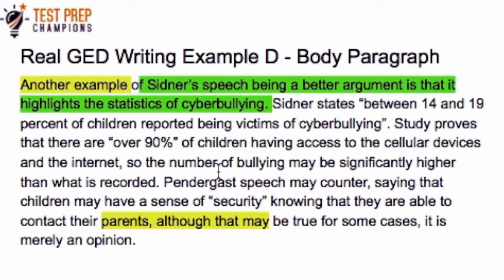So essentially, I think what the person's trying to say here is that Cinder is making a case here and using statistics. Pendergast would disagree. Here's why Pendergast would disagree, but Cinder's still right because Pendergast is just giving an opinion, whereas Cinder is using actual facts and data. So that's basically what the person's trying to say here, which is exactly what you want to do, all right?